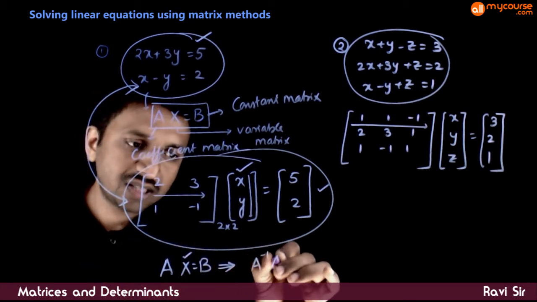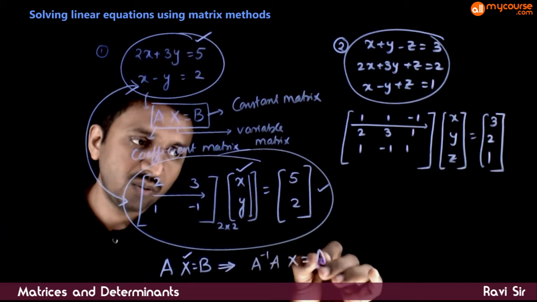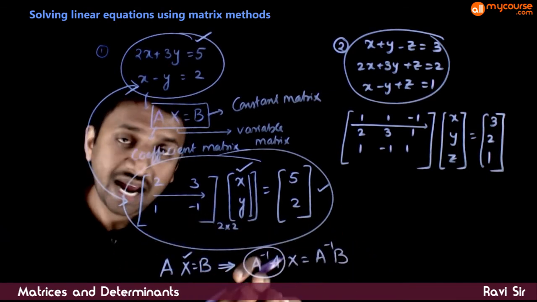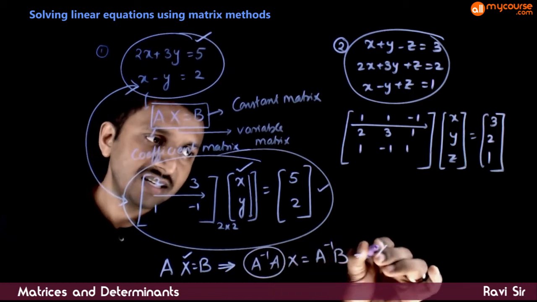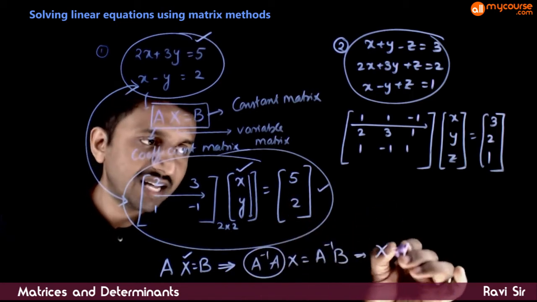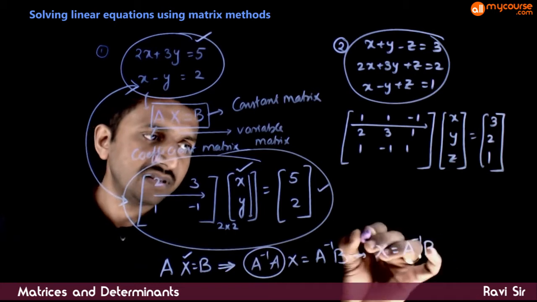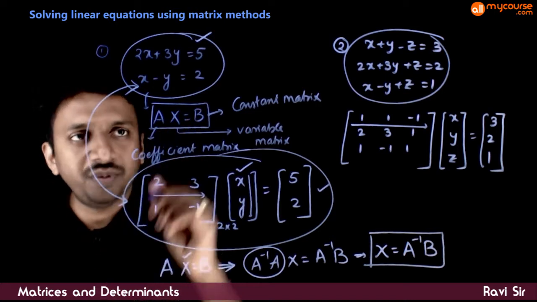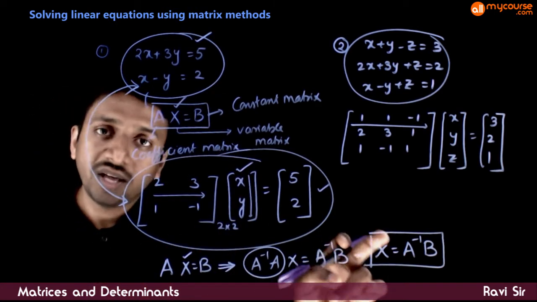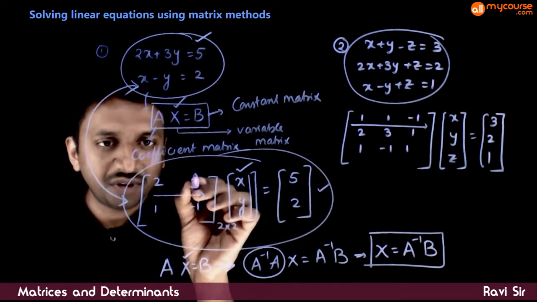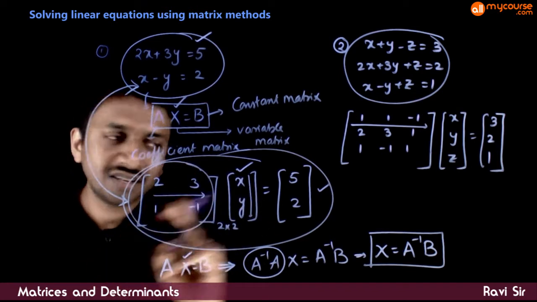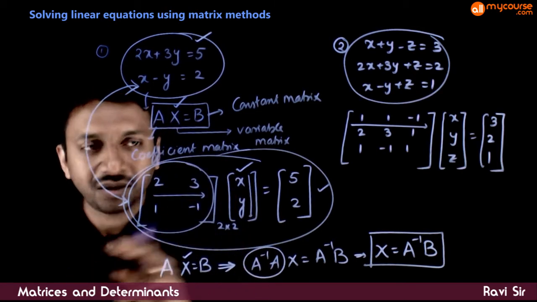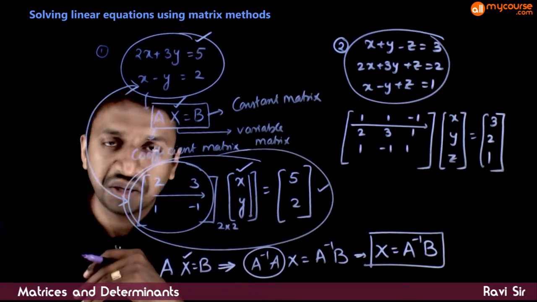A inverse times AX is equal to A inverse times B. A inverse into A is I, and I times X is X. This implies the variable matrix is nothing but A inverse times B. So if AX is equal to B, X is equal to A inverse times B. That means if you can find the inverse of this matrix and multiply it with the constant matrix, you get the solution of the equation, x and y.